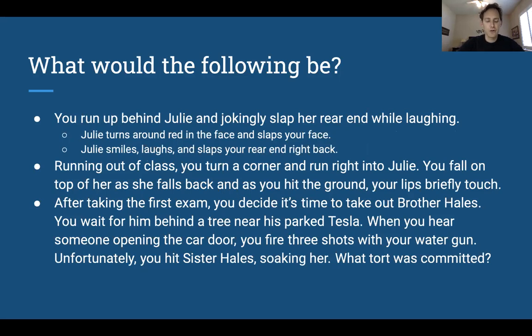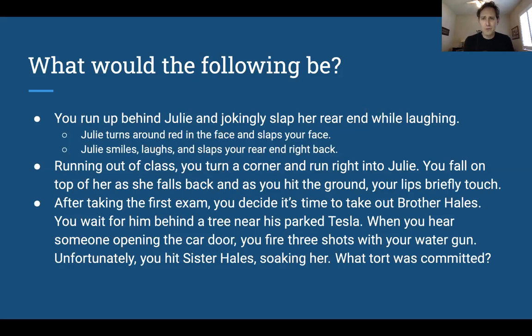So you run up behind Julie, say anybody in this class, and you slap her rear end while laughing. Well, when you do that, there's a number of possibilities for what the result of that could be. Julie may, under this first sub-bullet point, turn around and slap you back, right? And if that happens, well, has a tort been committed?